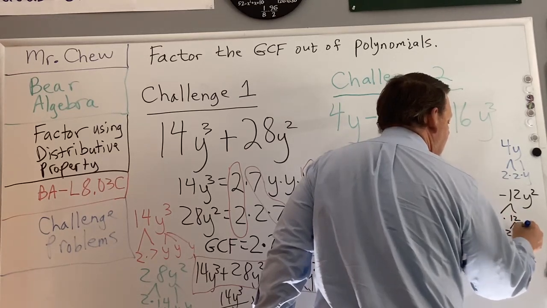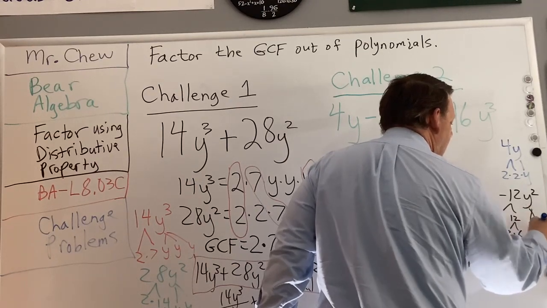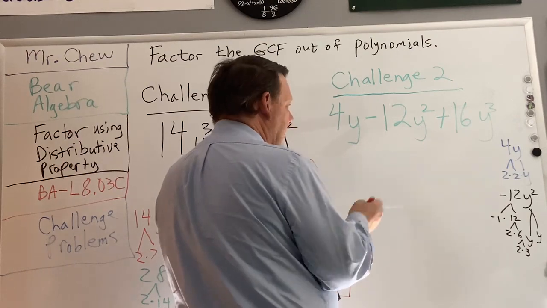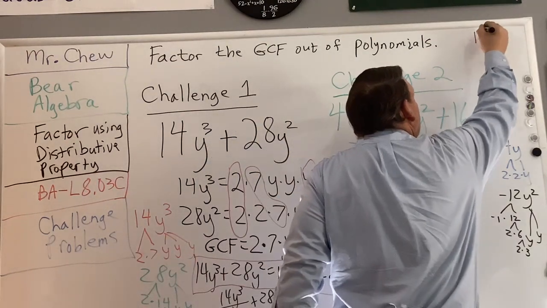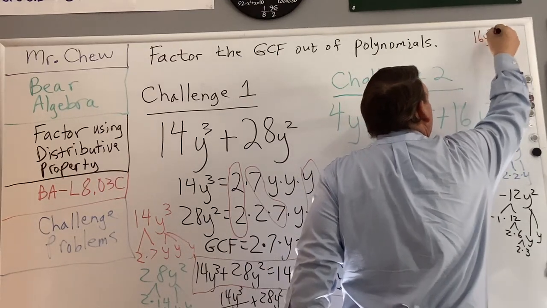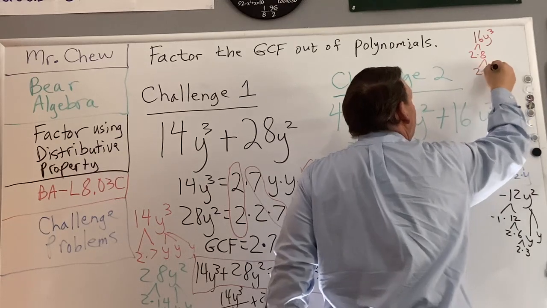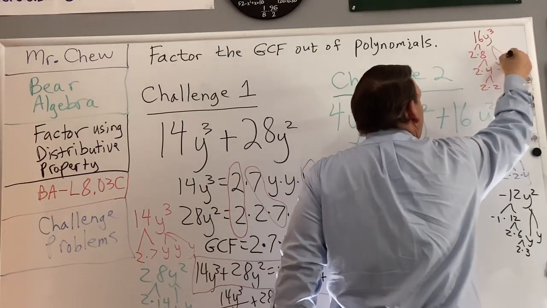The 12 is 2 times 6. 2 times 3. y. And then the 16y cubed is 2 times 8. The 8 is 2 times 4. And the 4 is 2 times 2, and it's 3 y's down.